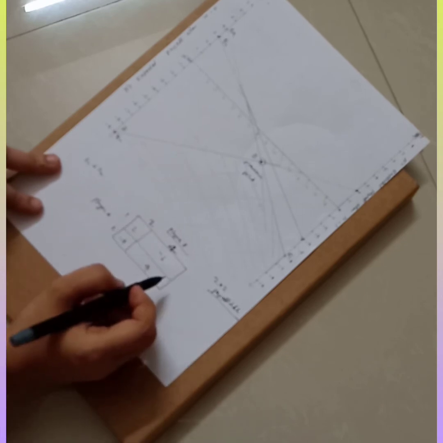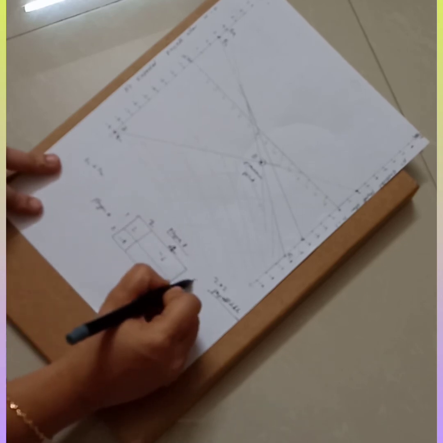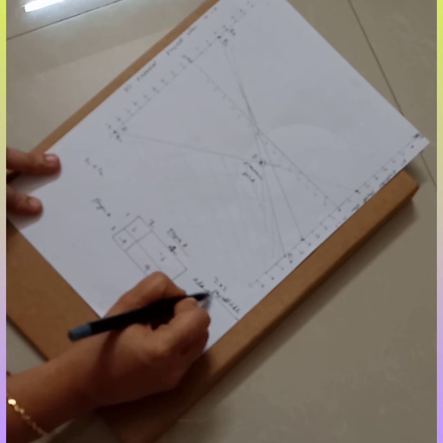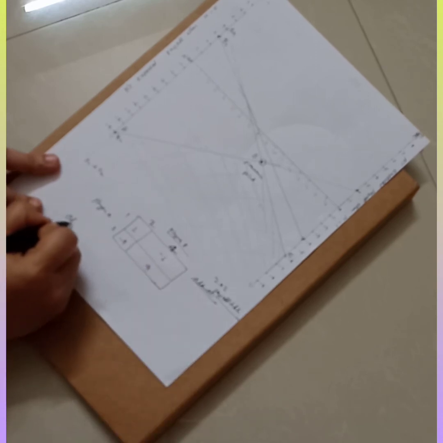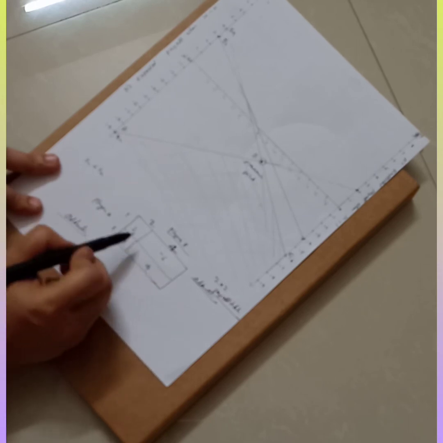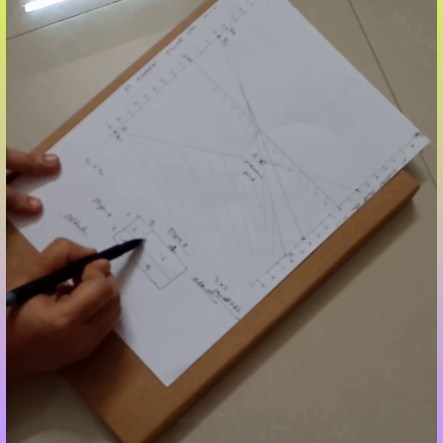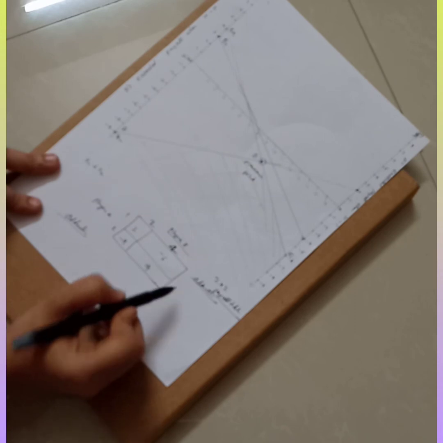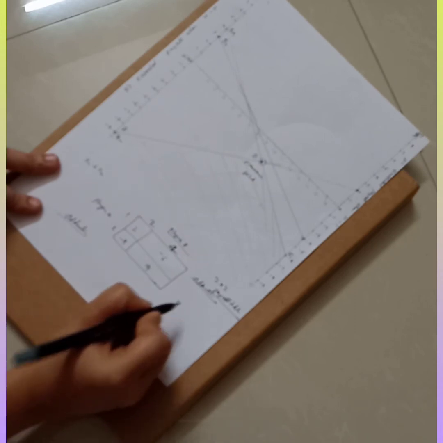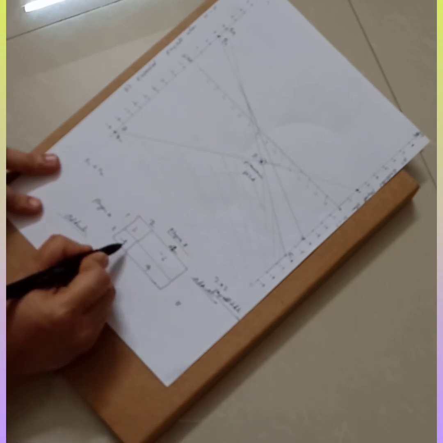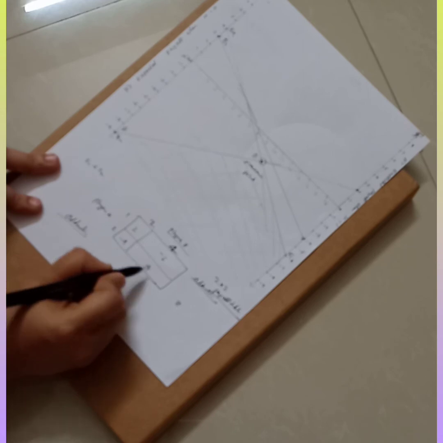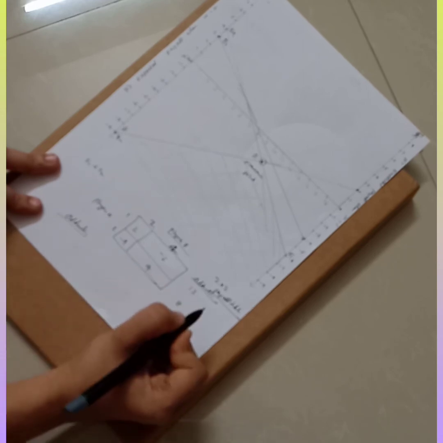Now according to the algorithm, we need to find the odds for both rows and columns. How do we find the odds? For the rows, 2 minus of minus 6 gives 8, so you write 8 here. Again, 4 minus of minus 9 gives 13, so you write 13 here.